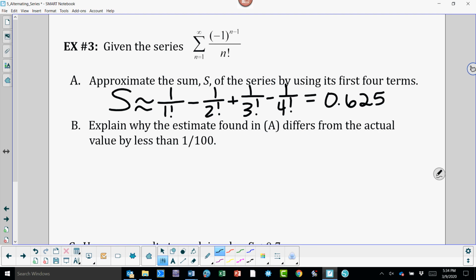Then it says, explain why, and this is a very typical AP question, explain why the estimate that we found differs from the actual value by less than 1/100.